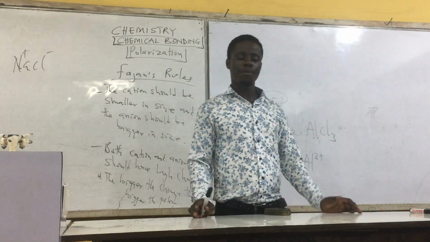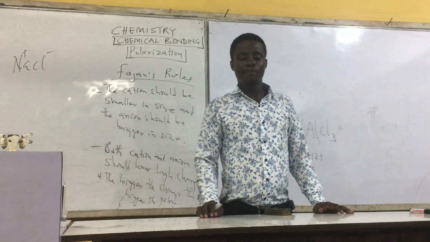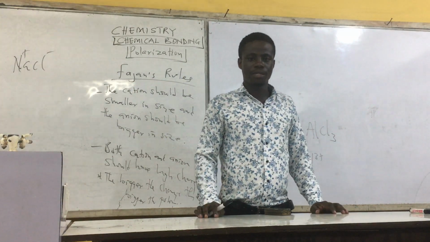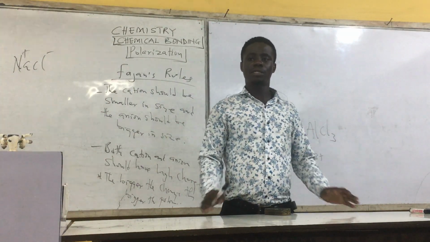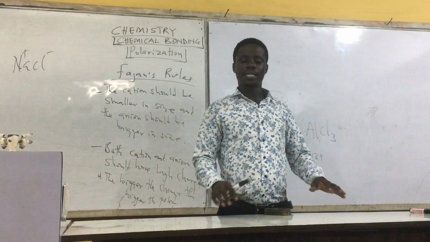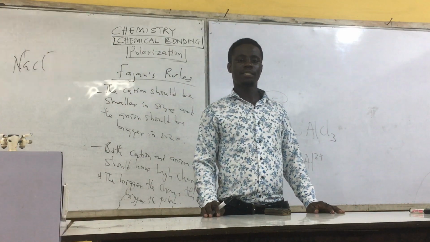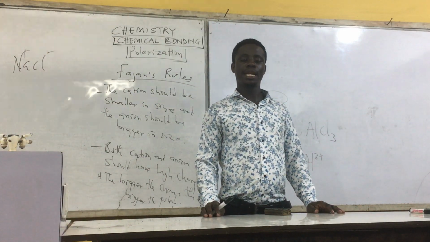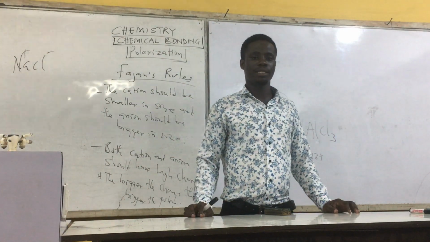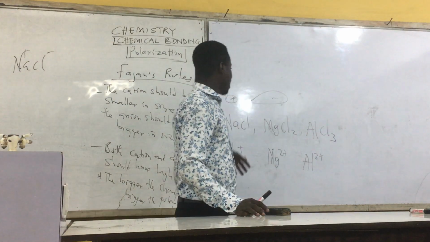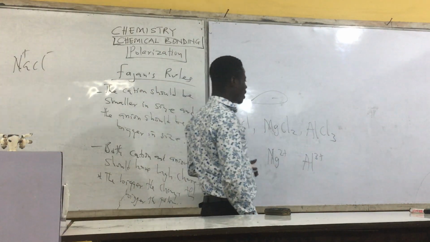So covalent compounds have low melting and boiling points. They cannot be dissolved in water or polar solvents, so they normally dissolve in non-polar solvents. These are directly opposite to ionic compounds.